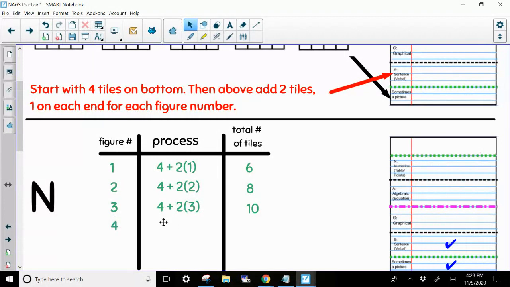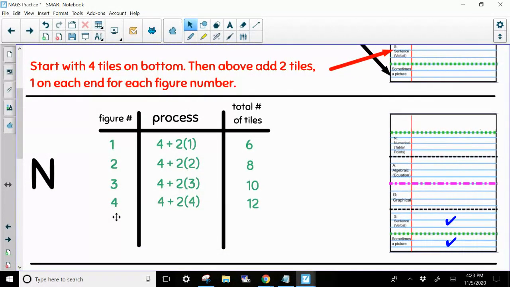Figure 4, we would have 4 plus 2 times 4. So 4 times 2 is 8. 8 plus 4 is 12. Then for figure 5, we would have 4 plus 2 times 5. 5 times 2 is 10, plus 4 is equal to 14.